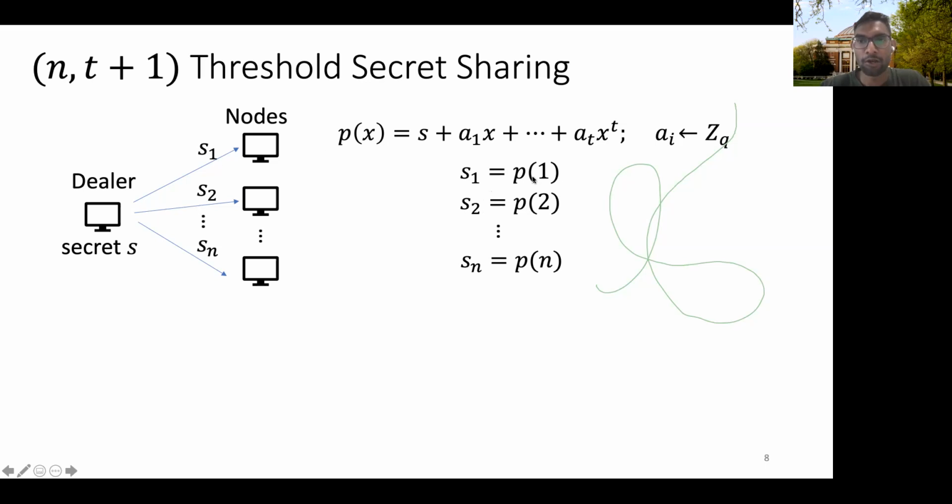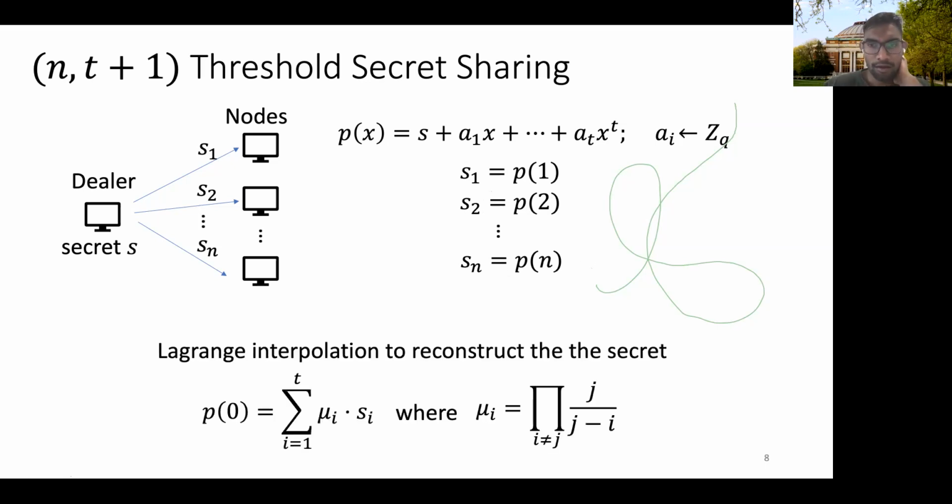So S1 will be p(1), S2 will be p(2), similarly Sn will be p(n). And given t+1 shares, we can use Lagrange interpolation, a very standard technique, to reconstruct the secret. That's my 2 minutes on threshold secret sharing.